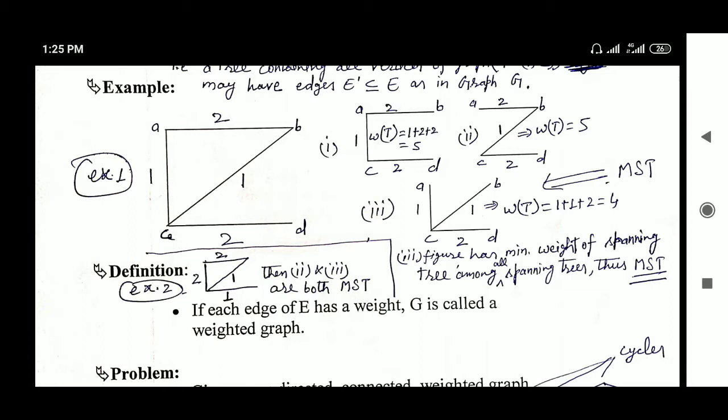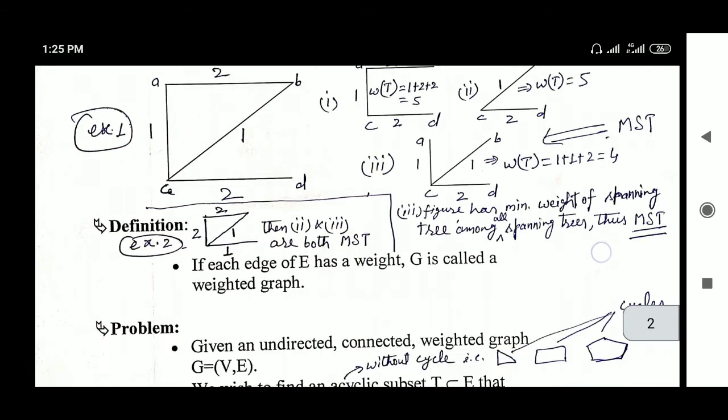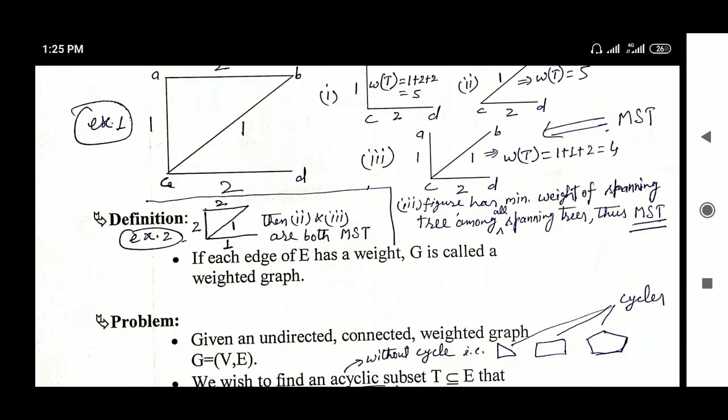So here you can find out that the weights of edges are similar for AC and BC and CD and AB, but you find the unique spanning tree here. But in another example where two edges have similar weights, we have 2 minimum spanning trees with the same weight 4.